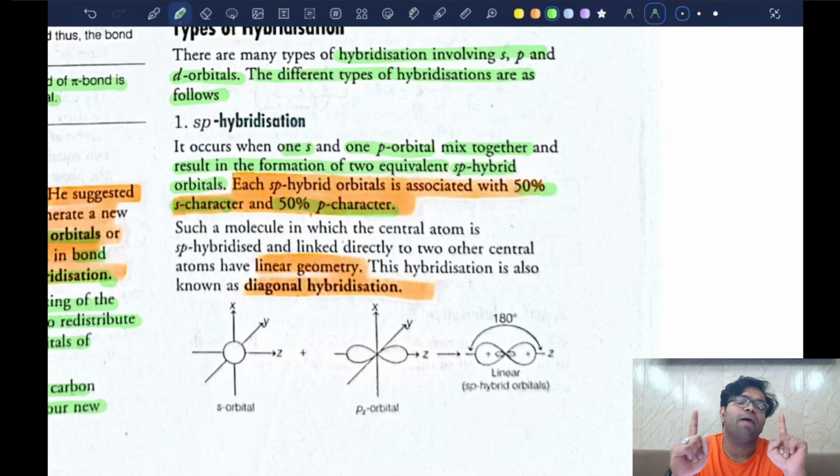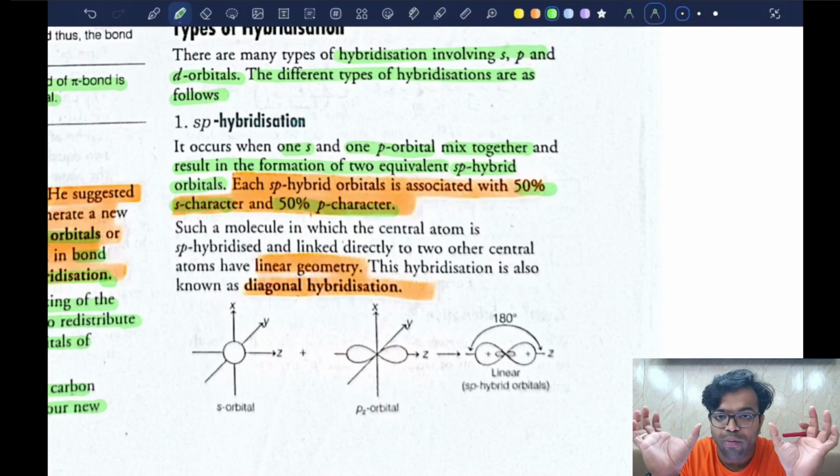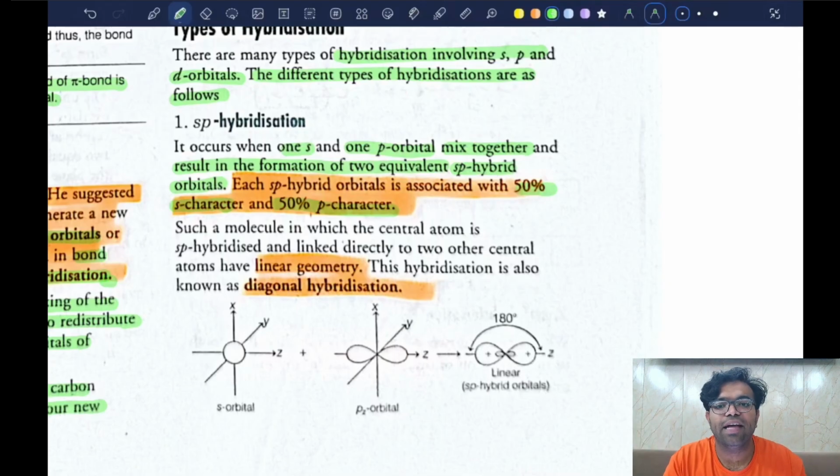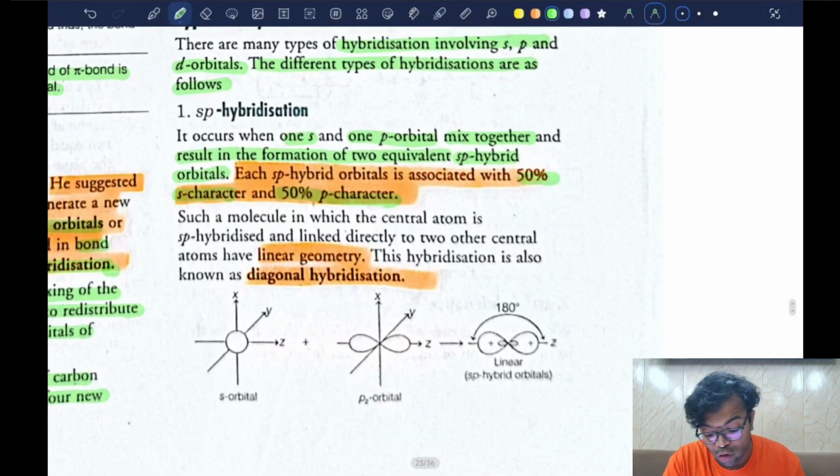Both orbitals give 50% contribution, so in an sp orbital you have 50% s character and 50% p character.